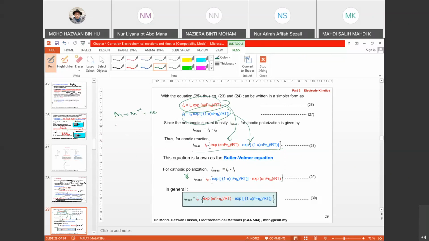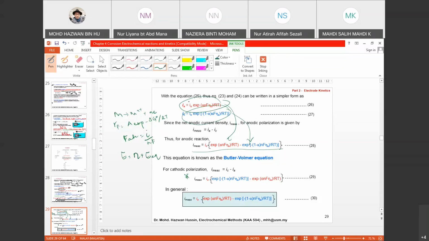So you know that you have to start from the rate, the forward rate, alpha A exponent minus delta G over RT, and then you know that rate is equal to I over NF, and then you substitute the value, and finally you also substitute potential equals to eta plus the equilibrium potential.